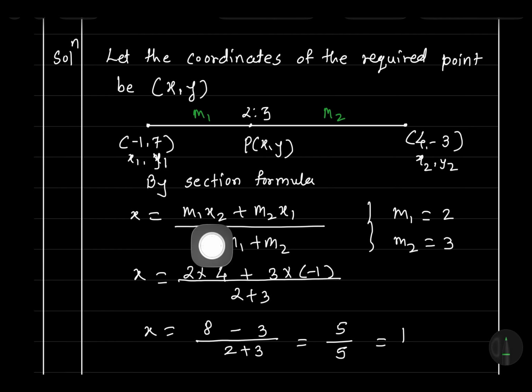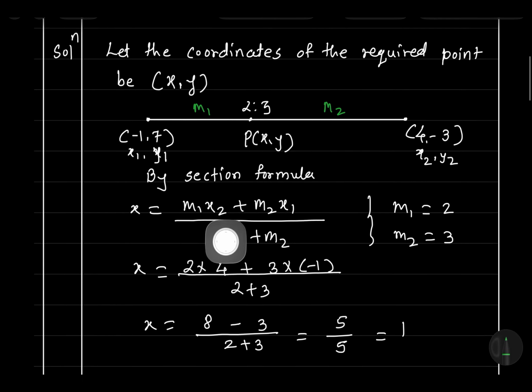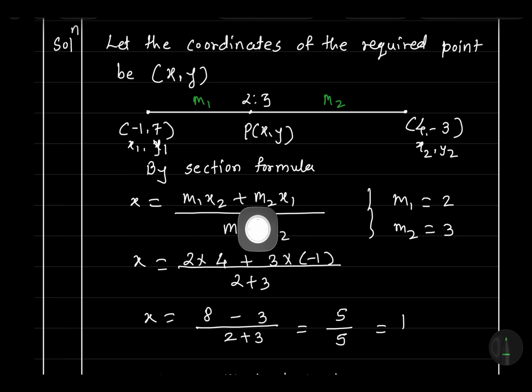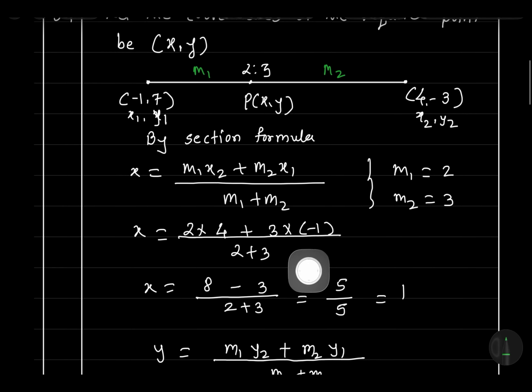Now here, x equals (m1 x2 plus m2 x1) upon (m1 plus m2). All values you know: x2 is 4 and m1 is 2, so 2 into 4, plus m2 which is 3, and x1 is -1.